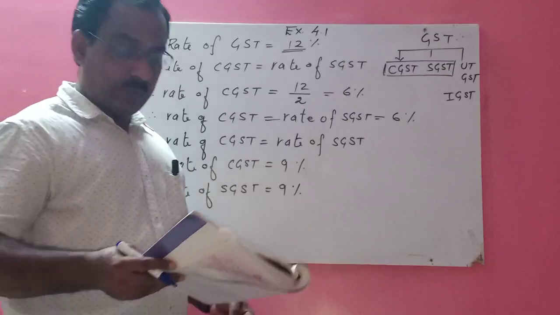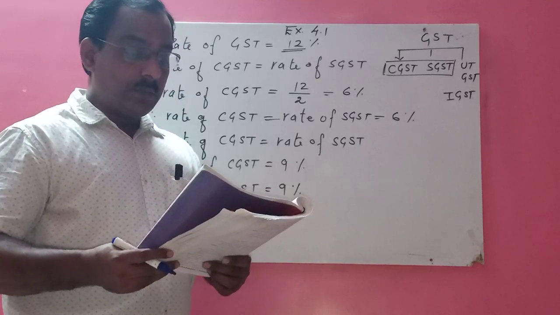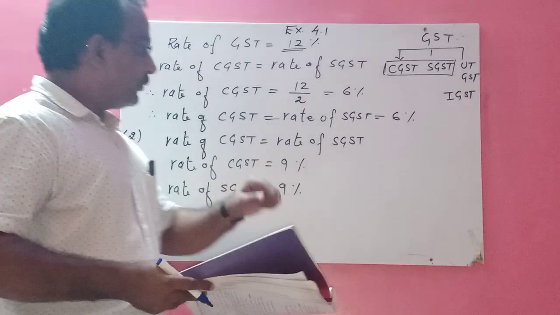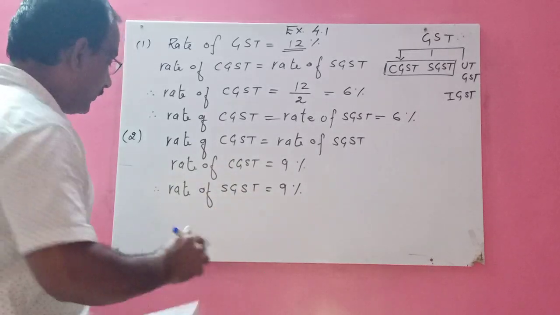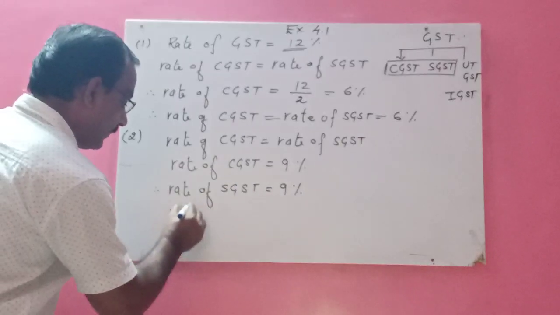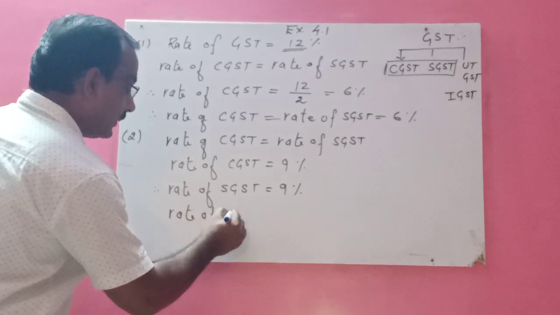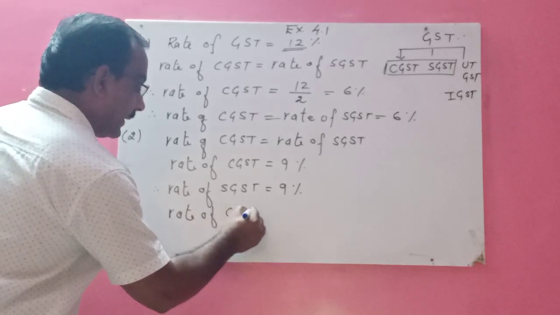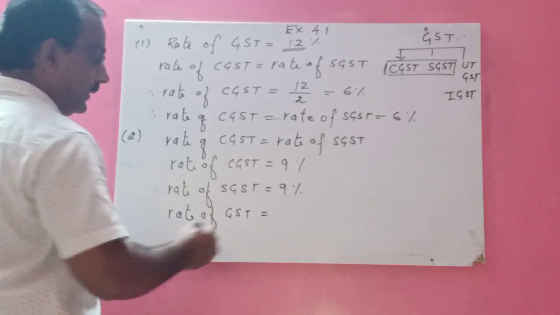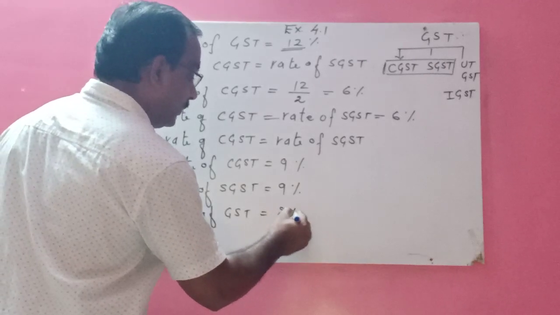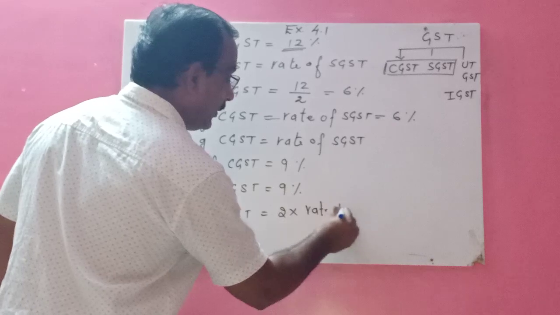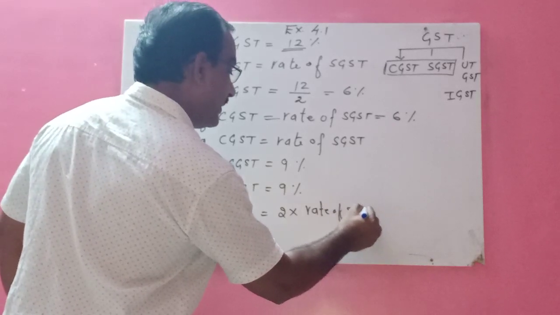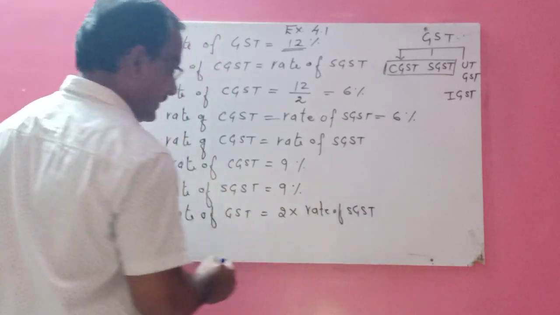And we have to calculate what? The rate of GST. So the rate of GST is double of this or double of this. So rate of GST is equal to 2 into rate of SGST or CGST.